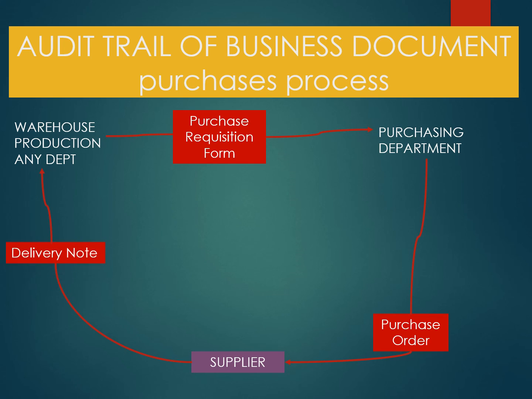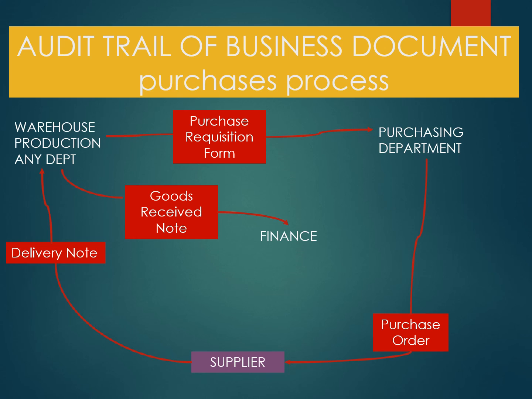The supplier will send a delivery note to the warehouse, and then the warehouse, production department or any other department that received the inventory from supplier will issue the goods received note form.